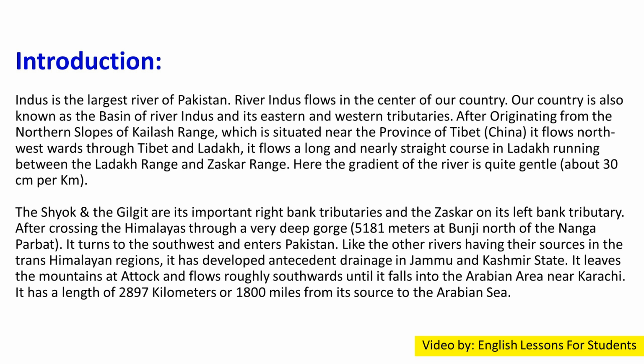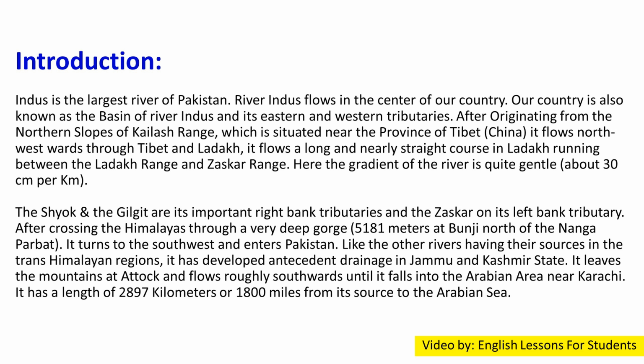After originating from the northern slopes of Kailash Range, which is situated near the province of Tibet, China, it flows northwestwards through Tibet and Ladakh. It flows a long and nearly straight course in Ladakh, running between the Ladakh Range and Zaskar Range.